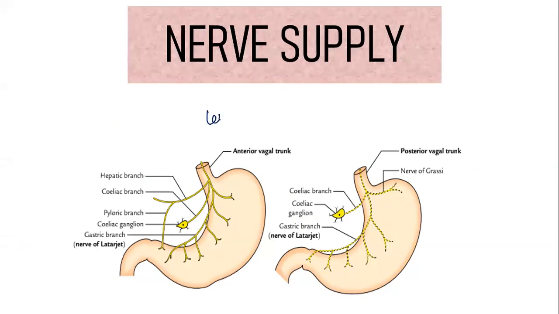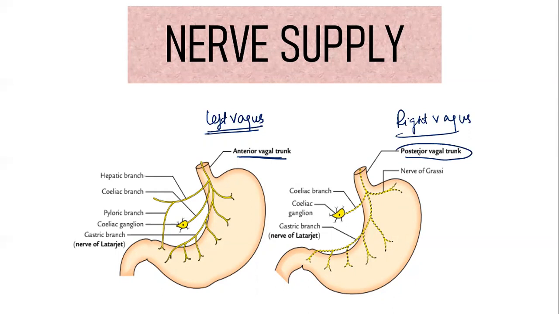The left vagus nerve is going to pass along the anterior aspect of the lower part of the esophagus, so it is called the anterior vagal trunk. Whereas the right vagus is going to pass posteriorly to the esophagus, so that is called the posterior vagal trunk.